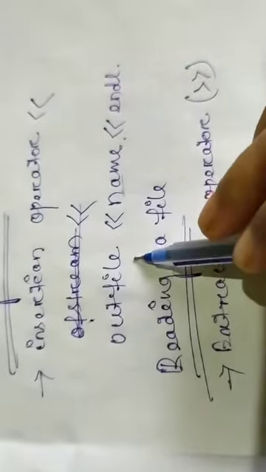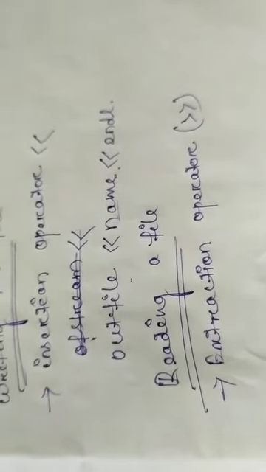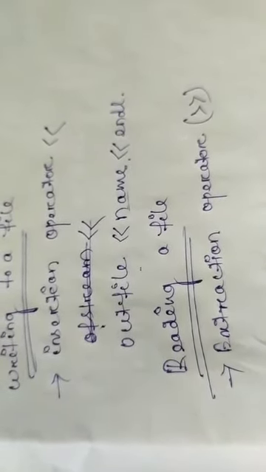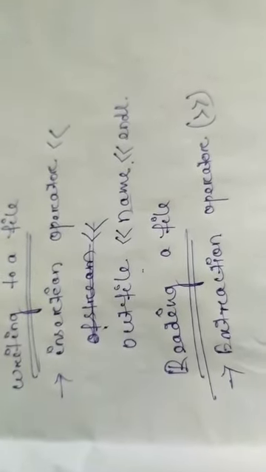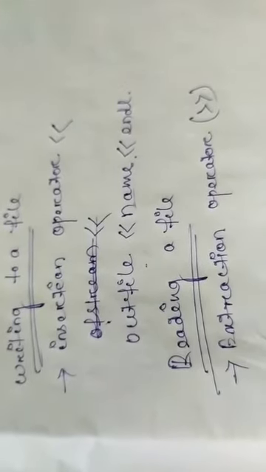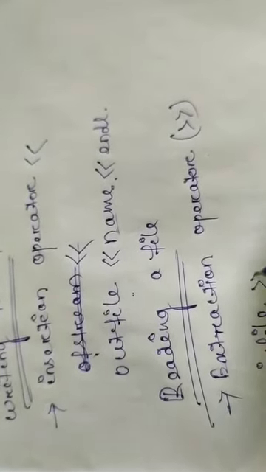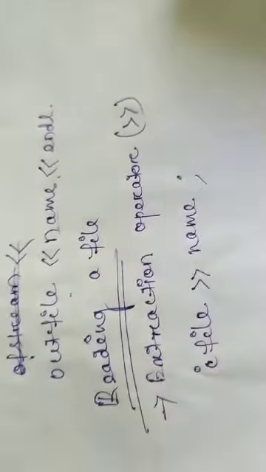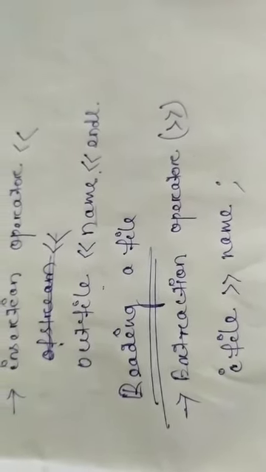It is used like the insertion operator, but it can be used with ifstream objects, sorry, fstream or istream objects. Let it be infile, then let name. Like this. So it is the syntax of reading a file.